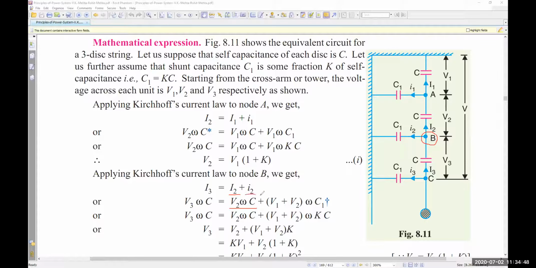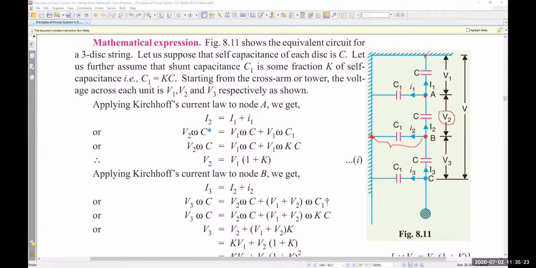Now the small I2 is problematic. Remember, this is different. Why? See, this is interesting. This point to this point was your V2, right? But this point to this point, is this V2? No, they are not the same.